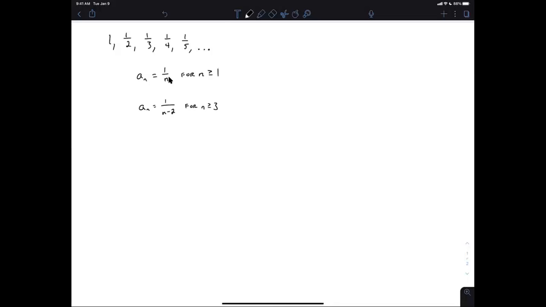If we define it the way that I've written it here on the second line, then this is A1, this is A2, this is A3. So it's the first term, second term, third term. If we define it this way, then this one's A3, this one's A4, this one's A5, then there is no A2, the way that we're defining this.